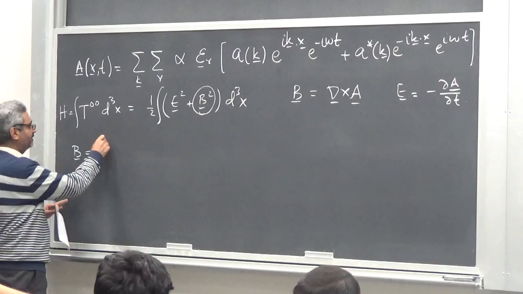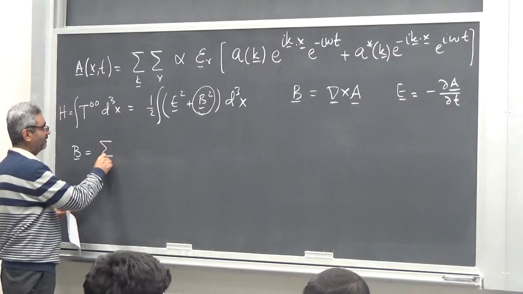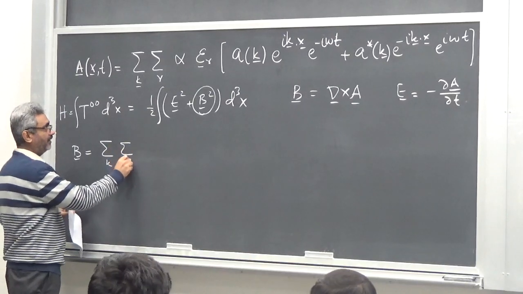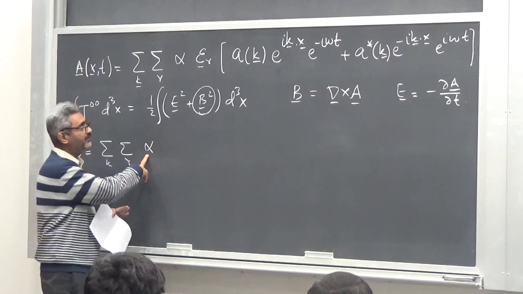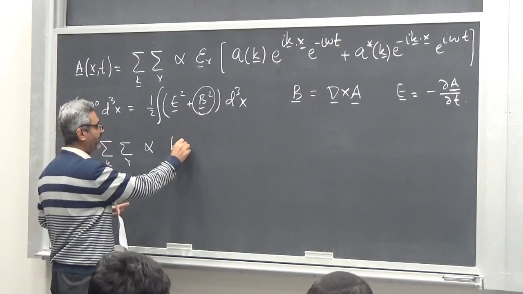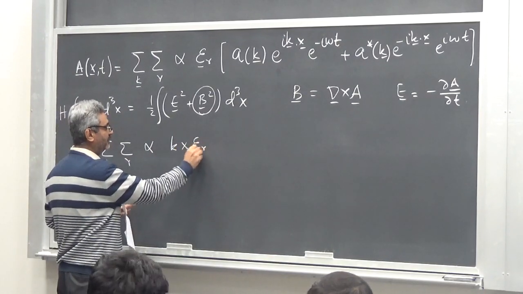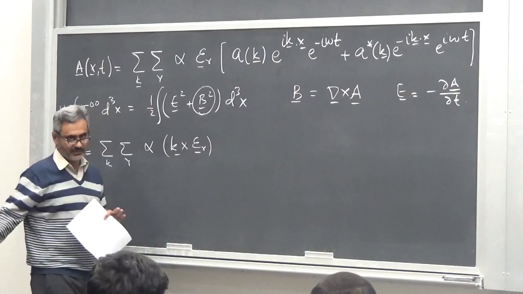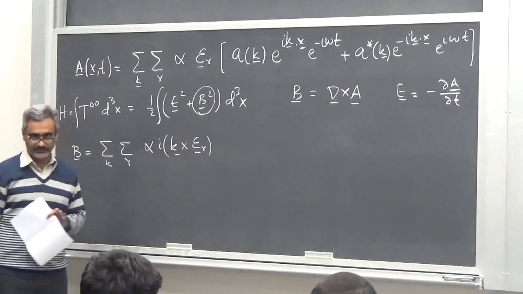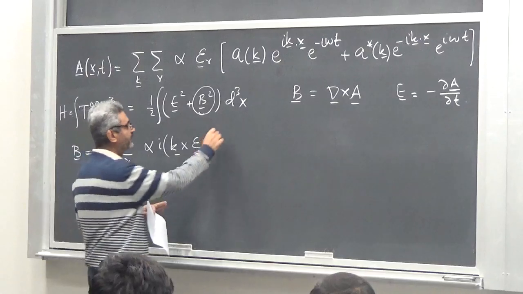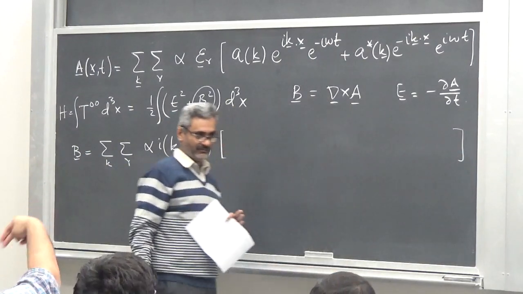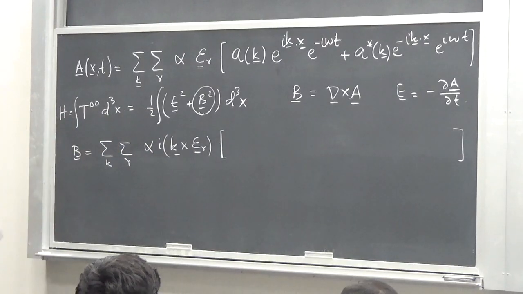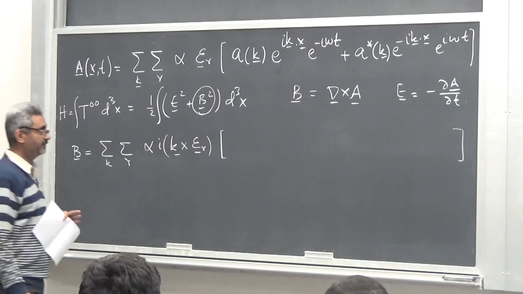So what should I write? So k, r, alpha. You guys remember what there was in alpha, right? And so then there will be k cross epsilon r. That's it. There's an alpha. Right? And then there is this whole thing again, which I don't like. Oh no, I should write that.